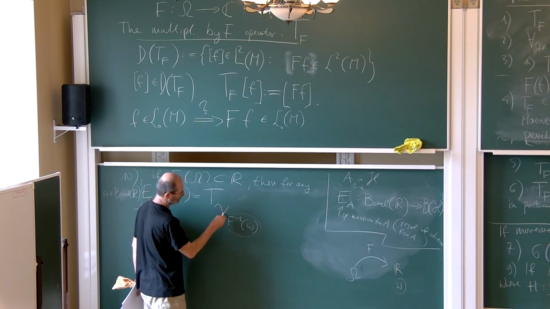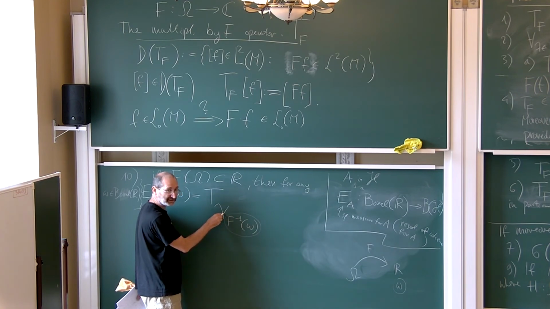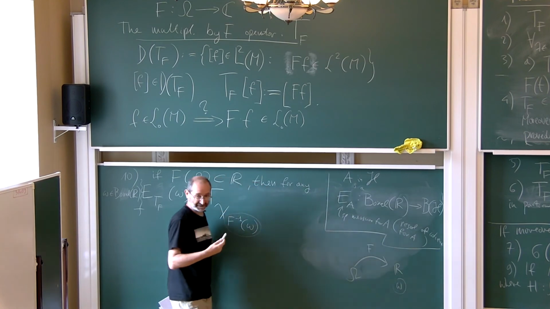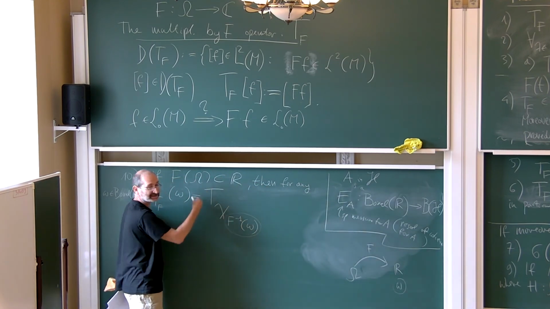So this characteristic function is a function on omega which is measurable, and this makes sense.